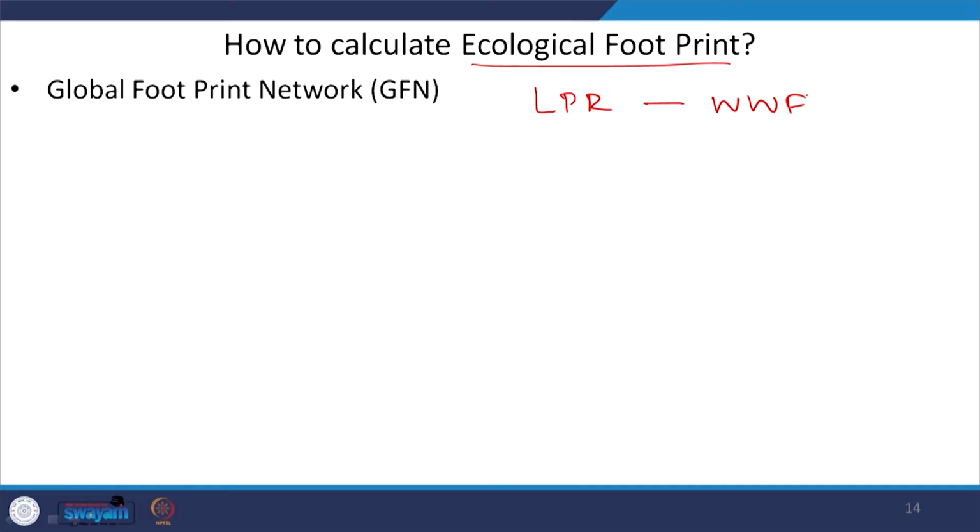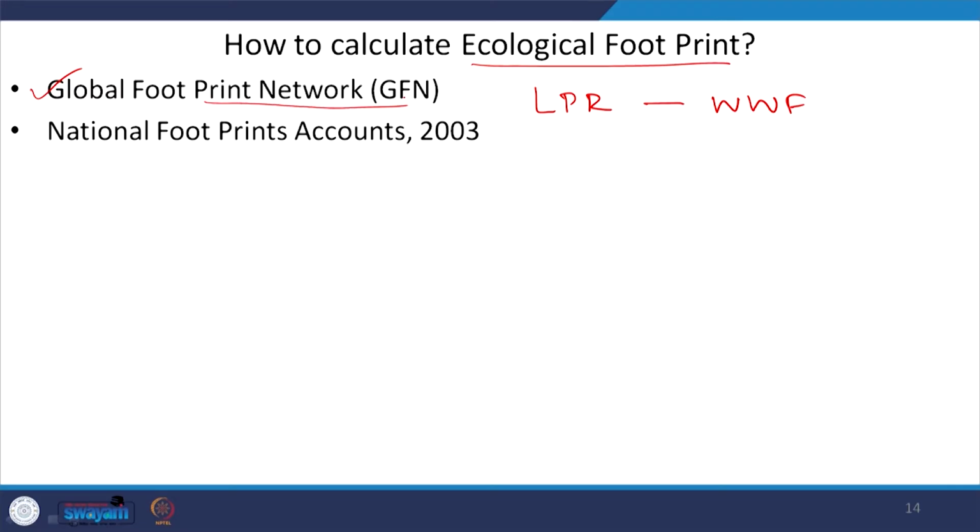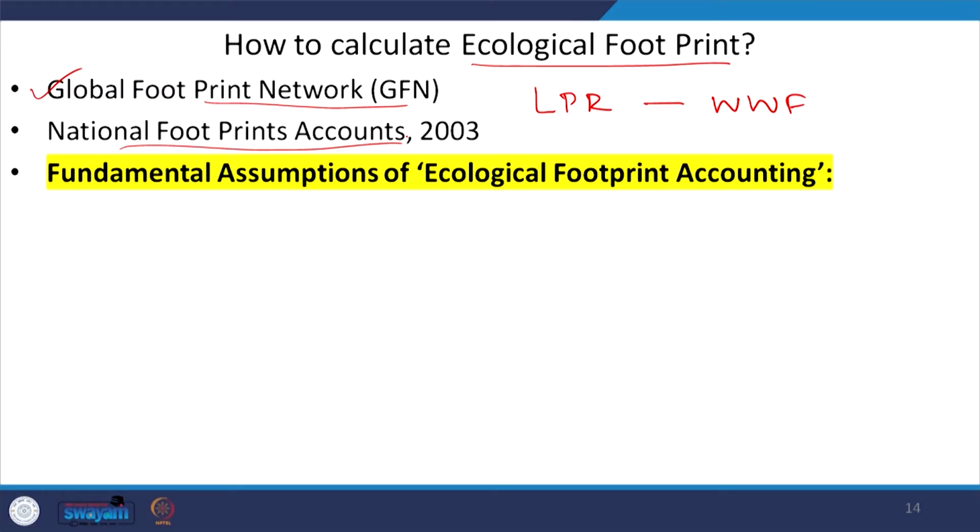And after that, these two guys, Rees and Wackernagel, also founded an NGO that is known as the Global Footprint Network. They publish national footprint accounts since 2003. So, for every nation they are calculating the ecological footprint of that particular nation.